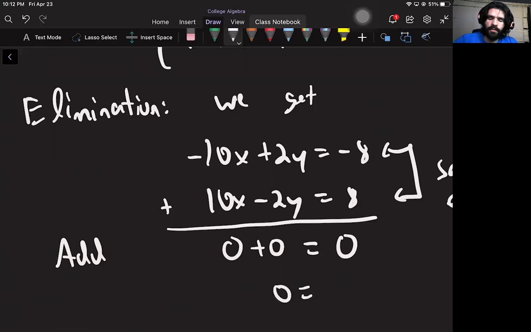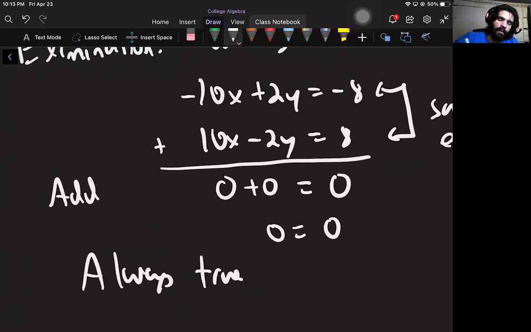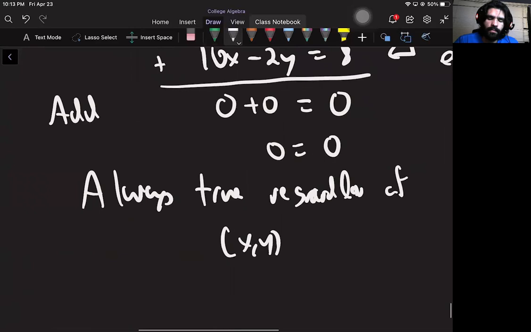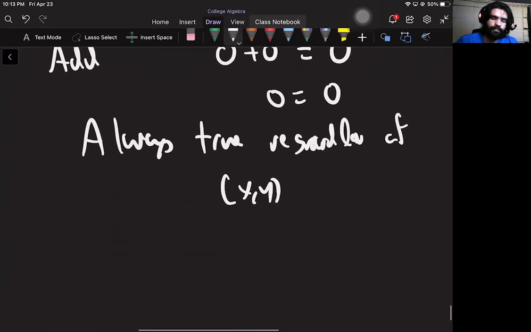So this time you don't get 0 equals -16. You don't get something that doesn't make sense. You get something that always makes sense, always true regardless of x and y. And that's why there's infinitely many solutions, because all the x's and y's will satisfy the system.